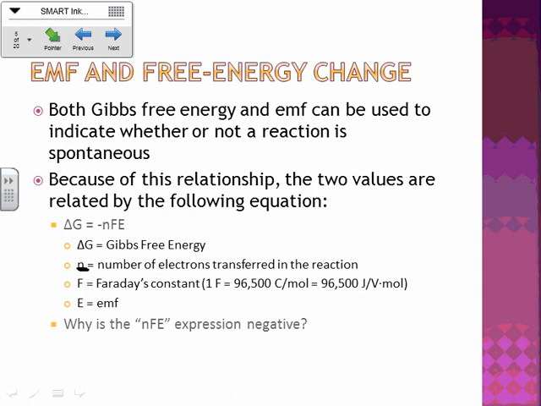Okay, so that's basically the equation that we need to relate those two things to one another. And then obviously the E is EMF. Okay. Why is the NFE expression negative? What do we think here?